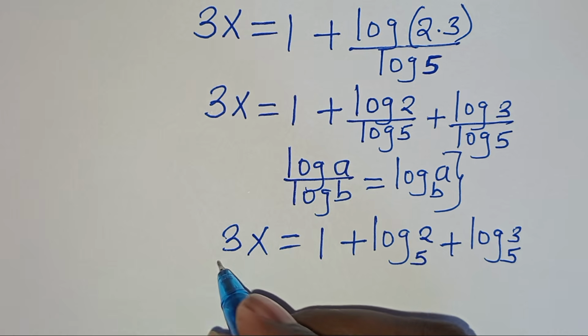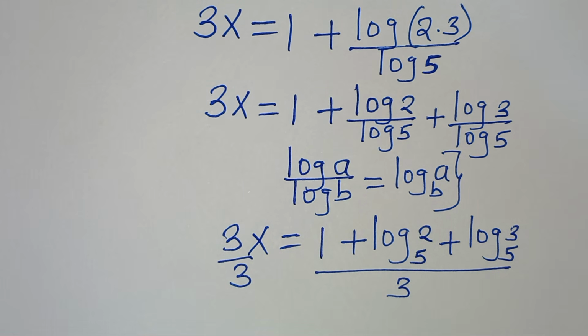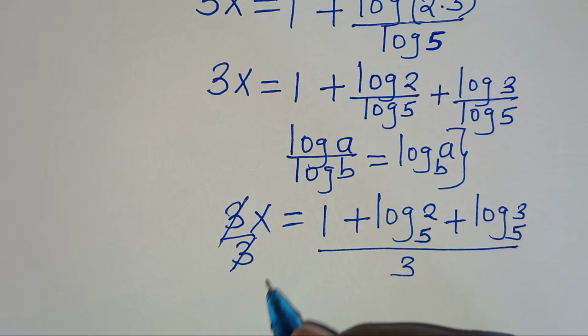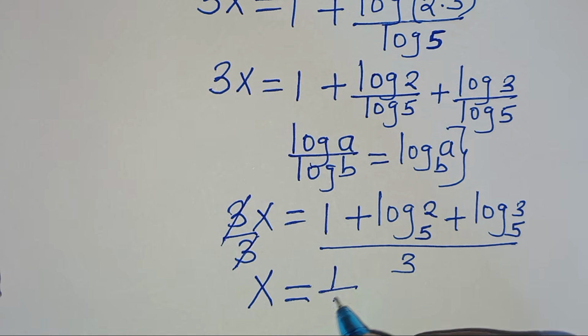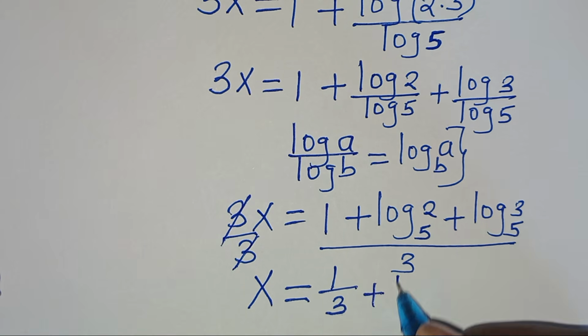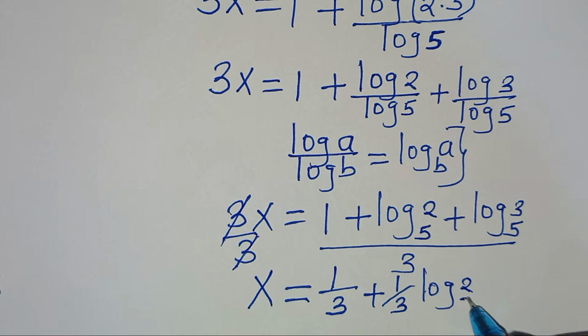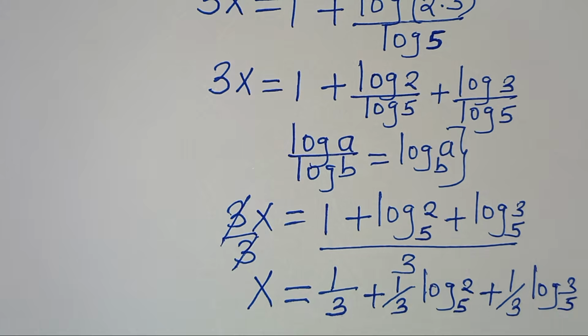Now let's divide on both sides by 3, so that we simplify the 3 and 3, and now we have x is equal to 1 over 3 log 2 to base 5, plus again 1 over 3 log 3 to base 5.